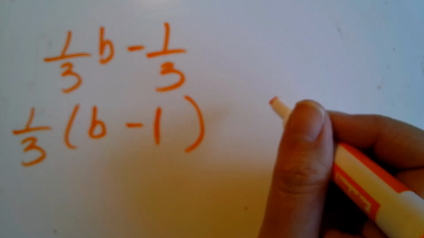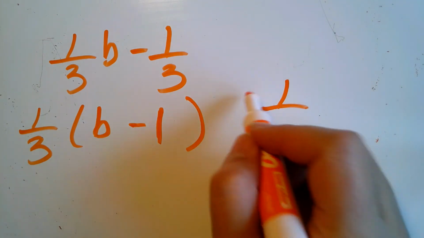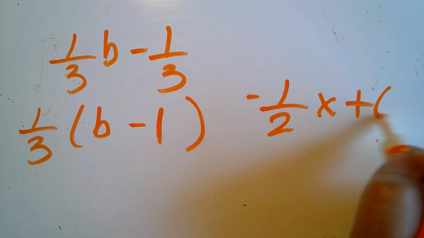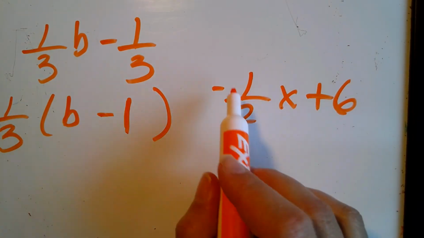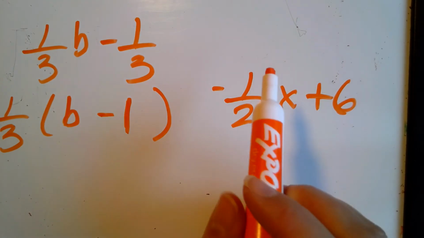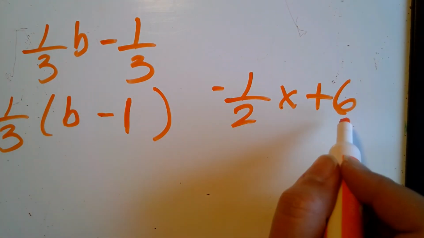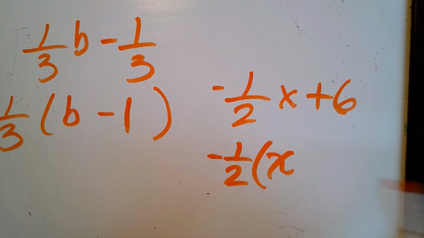Let's do one more before I let you go. So let's say I have negative 1/2 x plus 6. All right, so negative 1/2 would be the greatest common factor between this number and 6. So we're going to pull out a negative 1/2. We're going to go x.